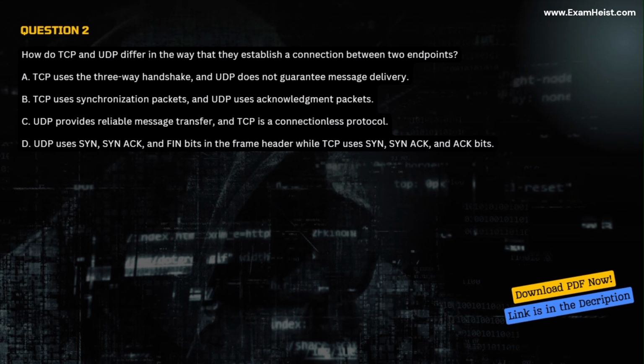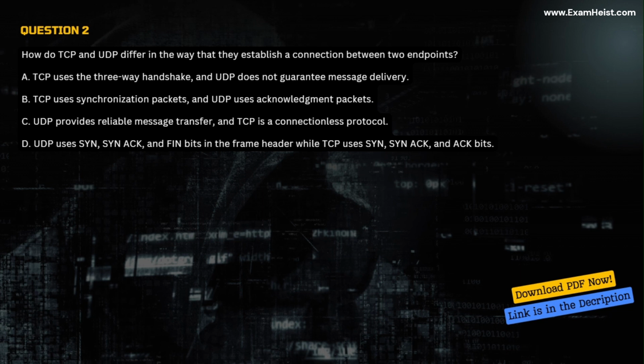Question 2. How do TCP and UDP differ in the way that they establish a connection between two endpoints? A. TCP uses the three-way handshake, and UDP does not guarantee message delivery. B. TCP uses synchronization packets, and UDP uses acknowledgement packets. C. UDP provides reliable message transfer, and TCP is a connectionless protocol.